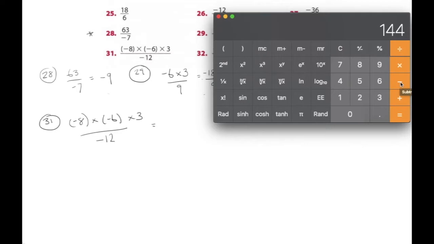But let's do it in the calculator here. I just hit divide, and now I'm going to put in minus 12. This calculator won't do it. Your Casio calculator will do it. So what you have to do is put in 144 divided by 12, which equals 12.